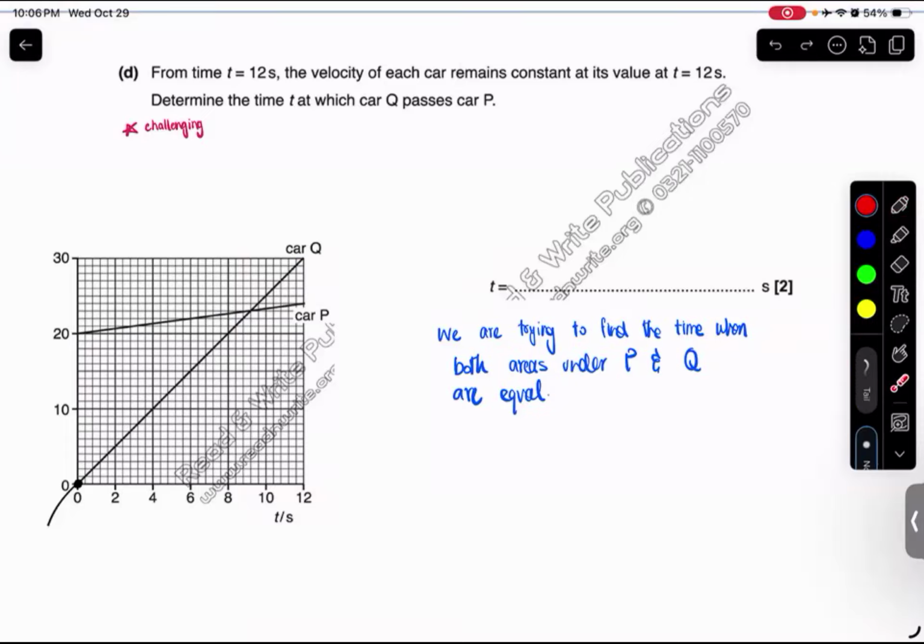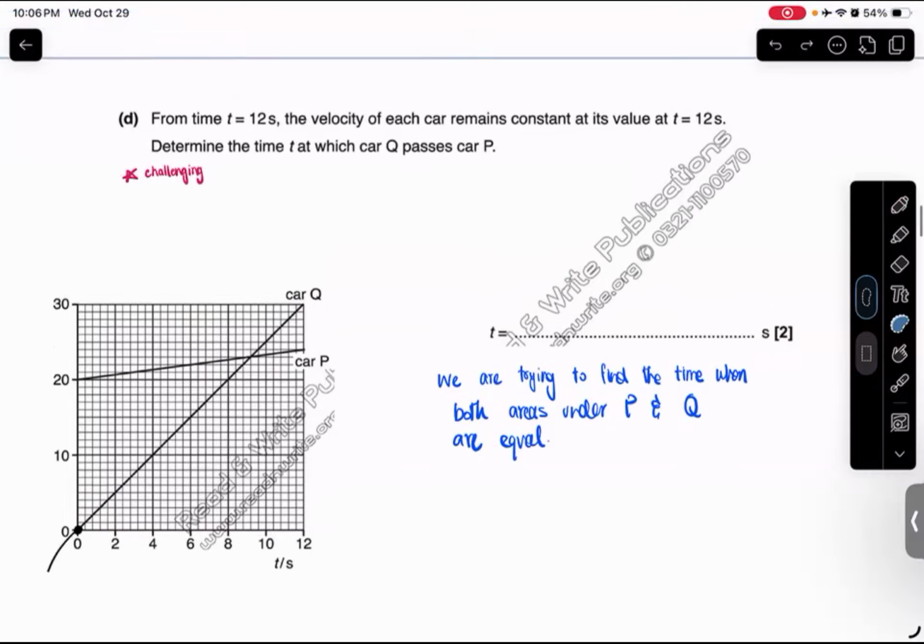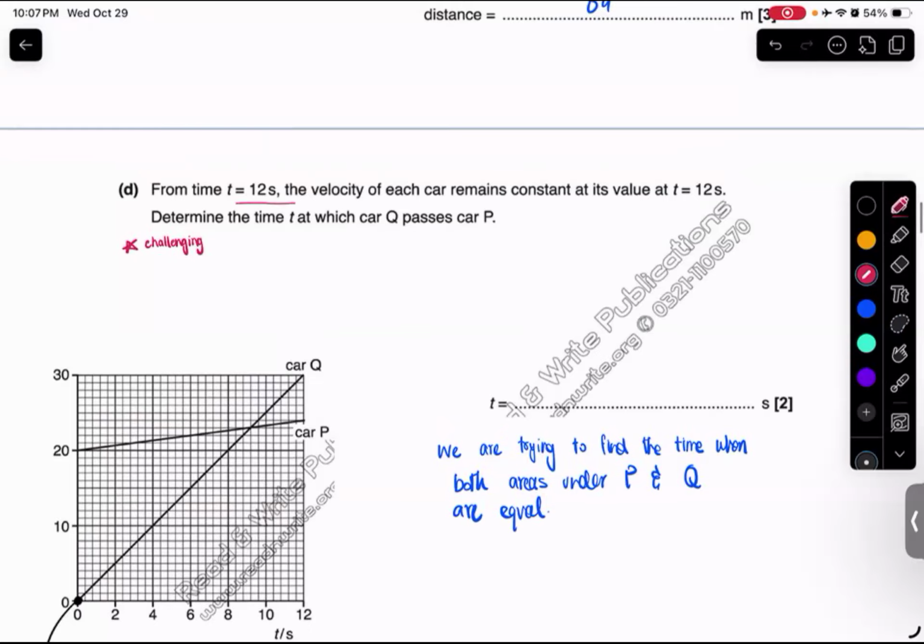Because car P was traveling a bit slower and car Q was traveling a bit faster. Even though car P is ahead, car Q is going to catch up at some point. Now, they tell you at this point that the velocity of each car remains constant at its value at t equals 12 seconds.